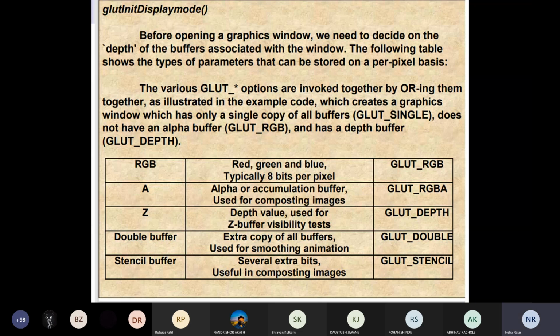In display mode we are dealing with that buffer associated with the window. The following table shows the types of parameters that can be stored on a per pixel basis. अगर आप RGB यूज कर रहे हो, अगर आपको A ड्रॉ करना है, अल्फा और एक्यूमुलेशन बफर यूज फॉर कंपोजिट इमेज. सो ये जो RGB के बाद अगर A रखा है, so it will use the buffer to store the extra information about that function.